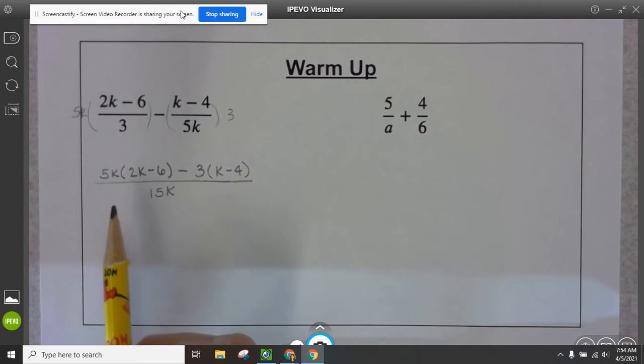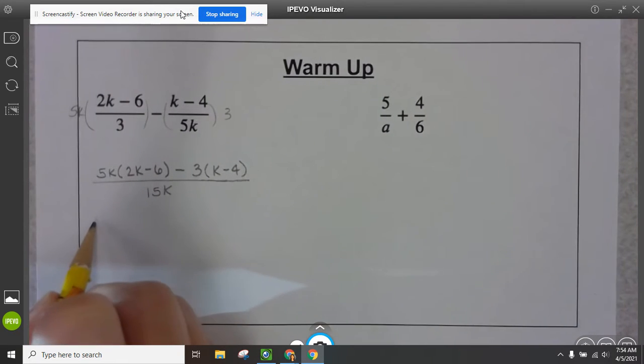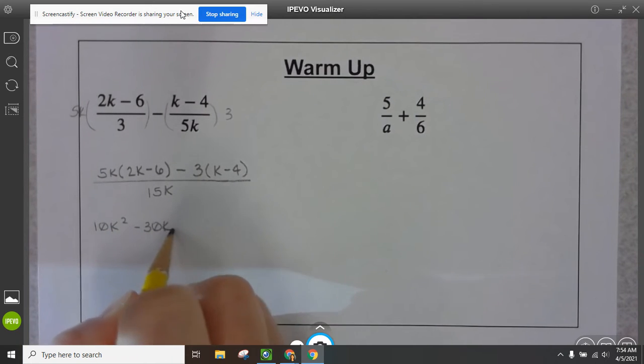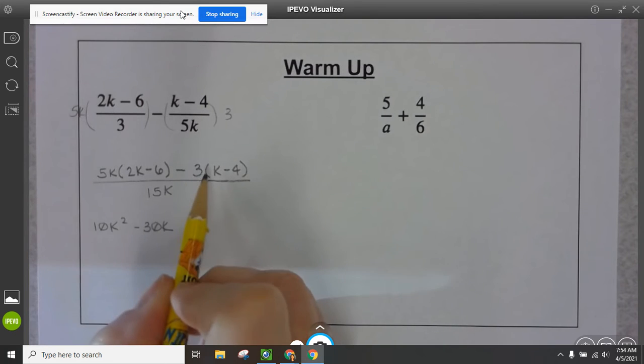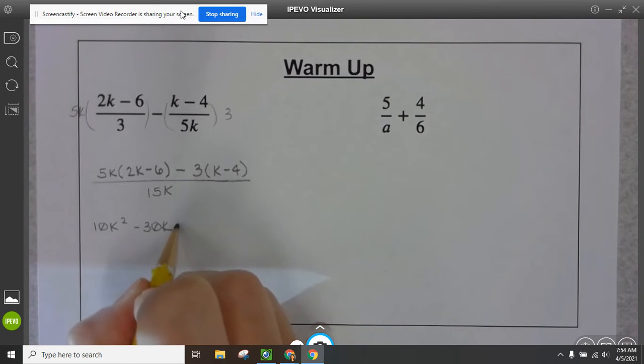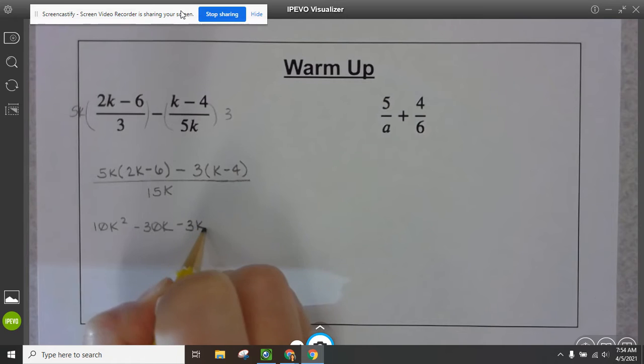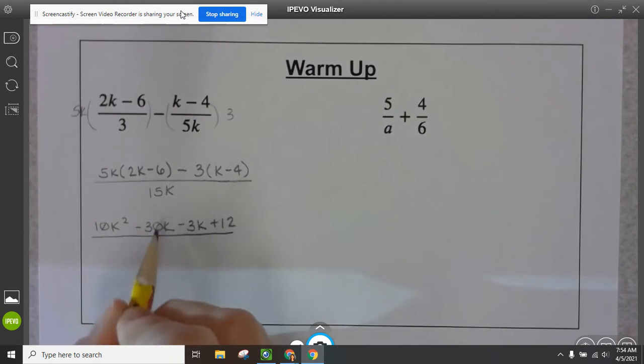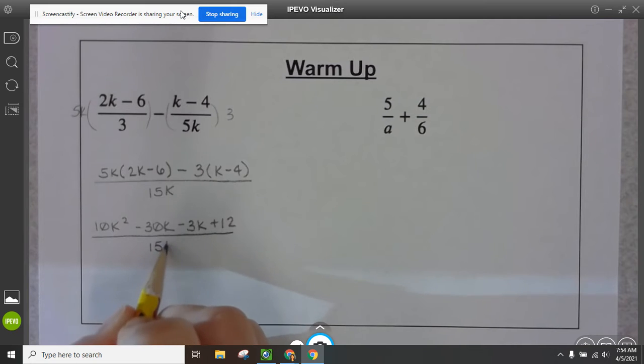So now I'm going to distribute. So this would be 10k squared minus 30k from my first set of parentheses. I'm distributing a negative 3 here, so I have to make sure I remember it's a negative 3, which is going to turn that into plus 12, and that's all over 15k.